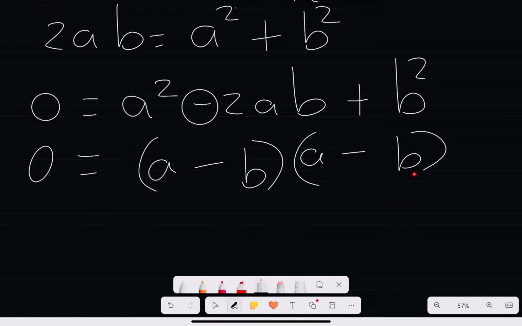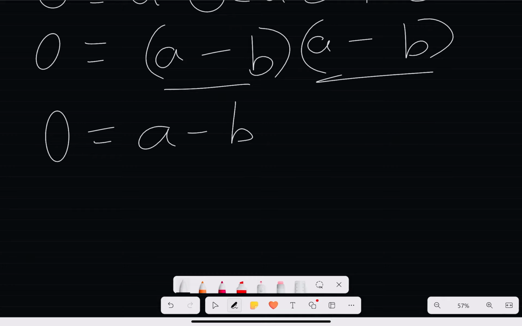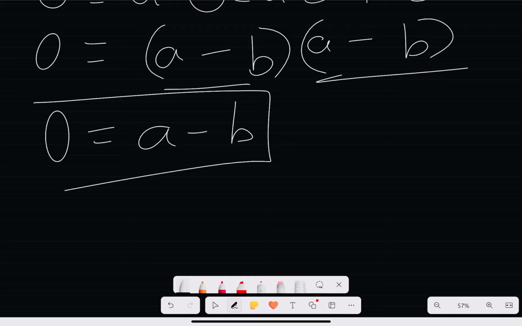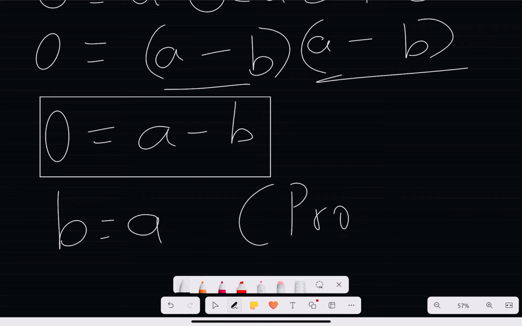So when I add -1 and -1, I get -2ab. So that is true. Now applying the zero product principle, I know that the bracket will be equal to 0, but because I have the same bracket, I'm going to just do this. And then I can easily move the b to the other side, so b equals a. And then in brackets, we have proven this. So this has been proven.